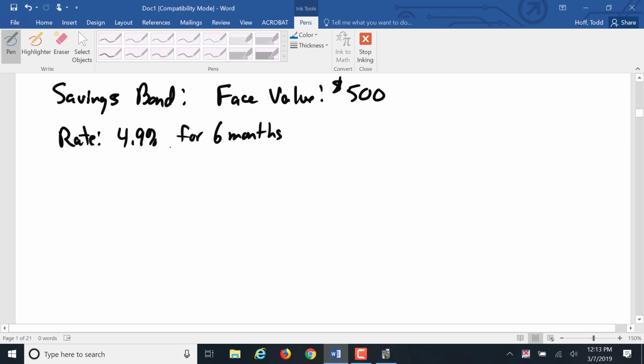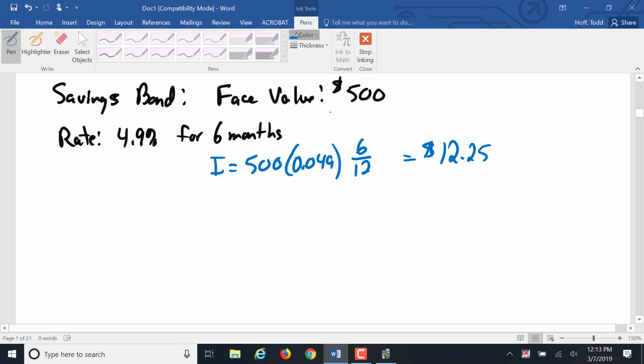And we found, calculating that out, I equals $500 times 0.049 times 6/12 for 6 months. We found the dollar amount of the discount there to be $12.25. Subtracting that from the face value, we found the proceeds, or what actually was paid for that bond, to be $487.75.